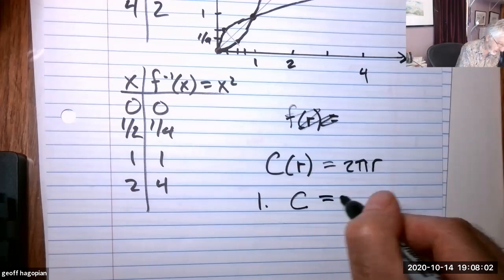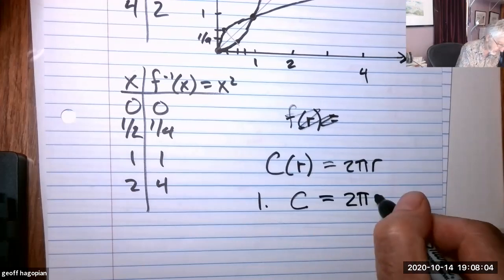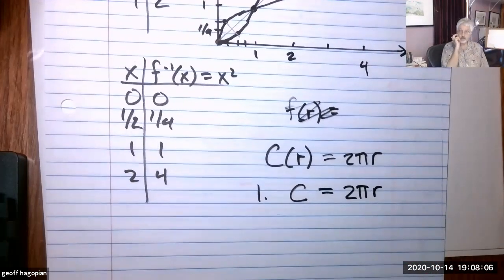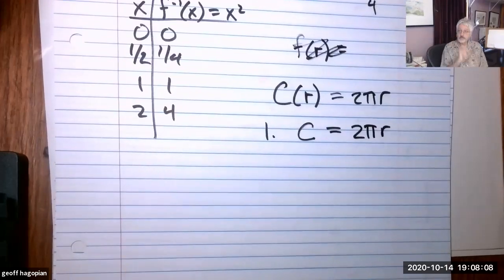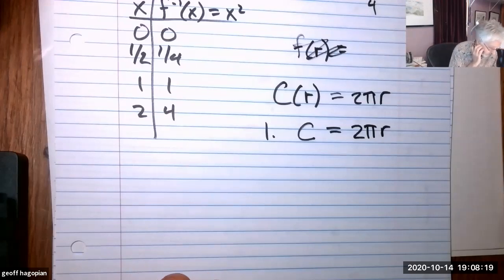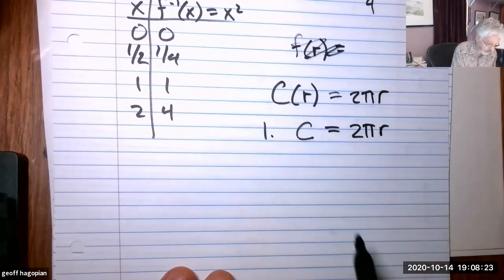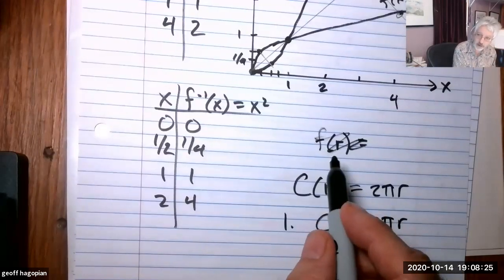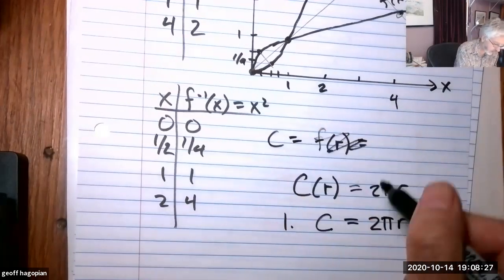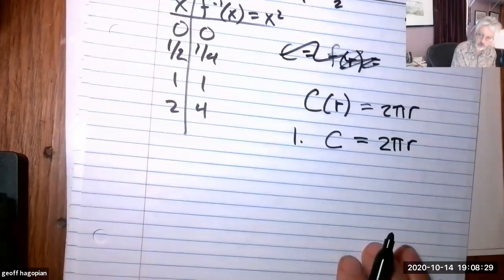And so I'm conflating the name of the function with its output variable, which is a common thing to do. So sometimes we write y of x, and then we just write y for the output. Instead of y equals f of x, we just write y of x. So that's kind of what's happening here. You see, I wanted to write f of r. So c equals f of r, but they didn't do that. So let's go with what they're doing.